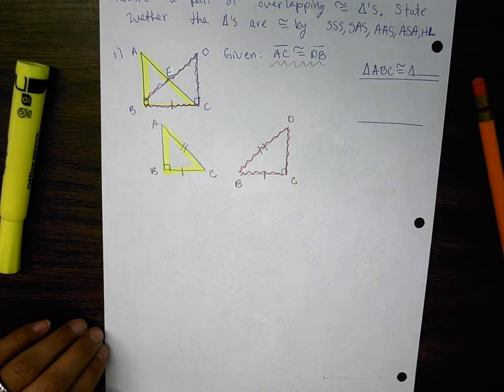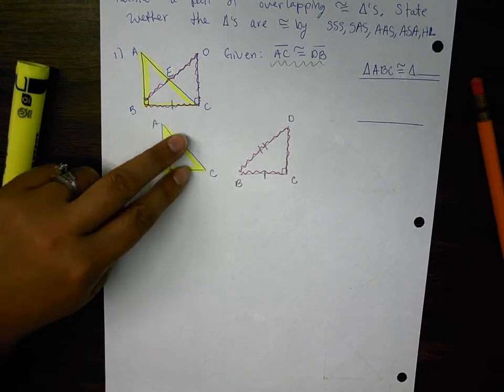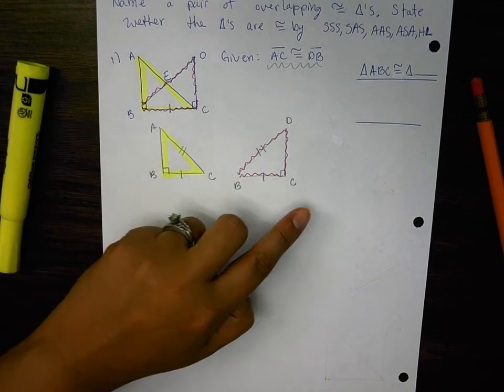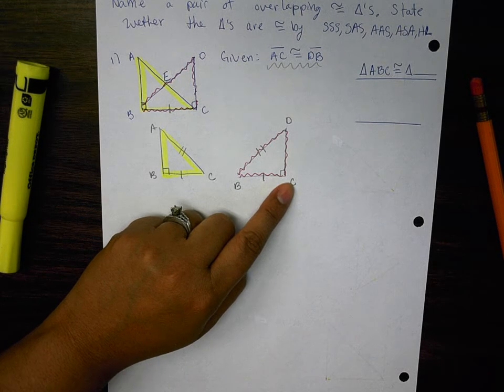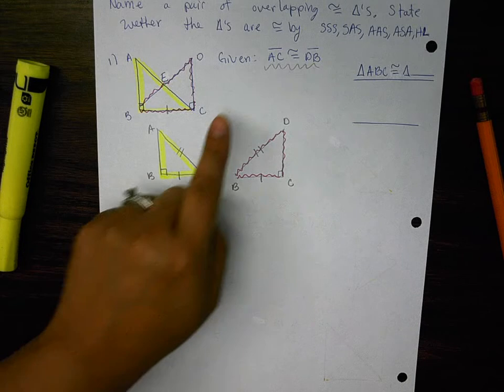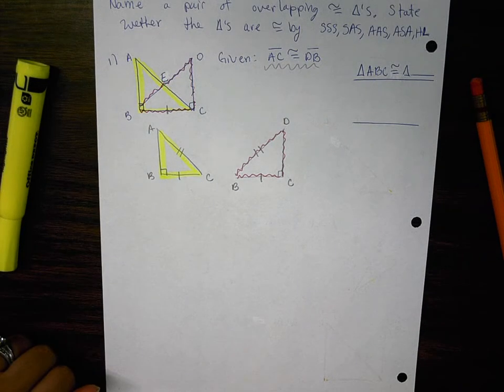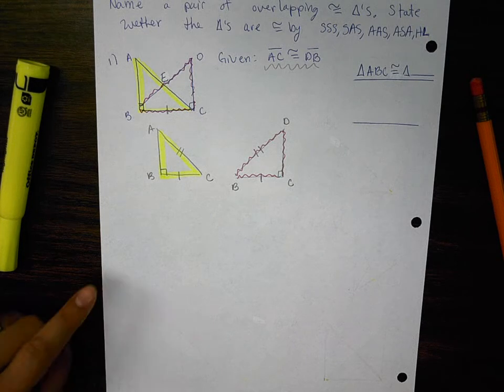DB. All right, I'm going to put double markings there. I have two sides and an angle, two sides and an angle, and the angle is not sandwiched. So it looks like side-side angle. Is that one of my choices?